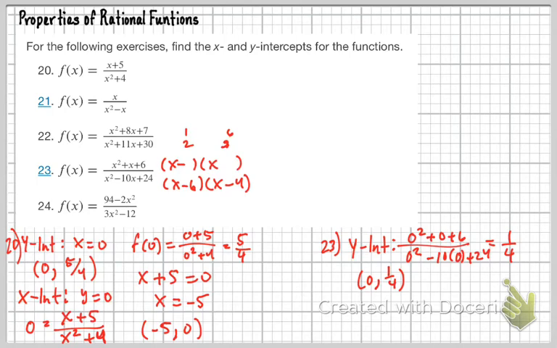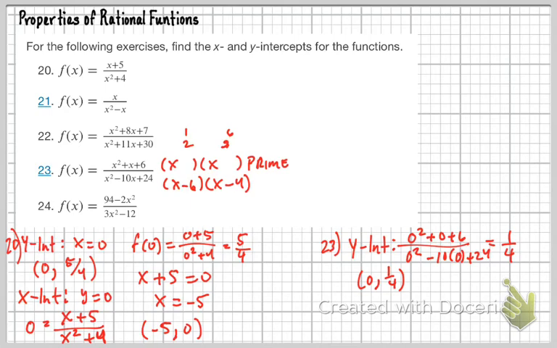If I tried 2 and 3, that also isn't going to work, because that's going to give me negative 2x, negative 3x, which is negative 5x. So that tells me this top is prime, which means it doesn't factor.